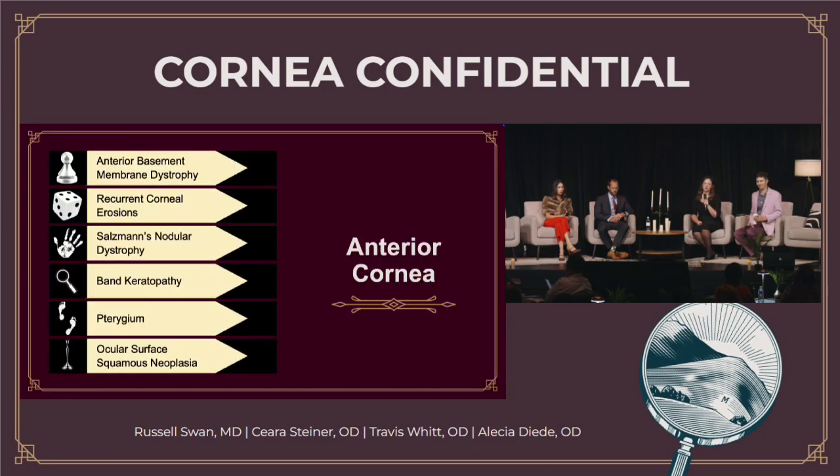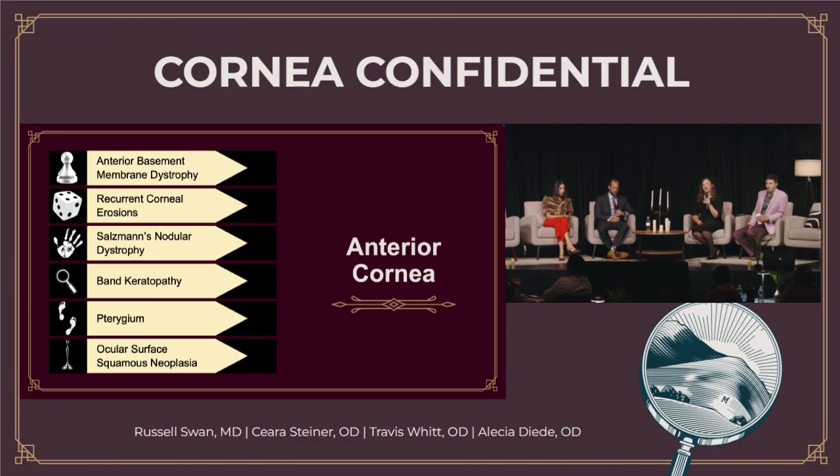Anterior cornea, starting there. ABMD, super common. If you're seeing it on your patients, please put it in the notes, even if it's very mild. Patients will sometimes come in and I'm explaining it to them, and it's just nice when they hear it multiple times from their doctors and then coming to us as well. Recurrent corneal erosions can be really challenging for certain patients.